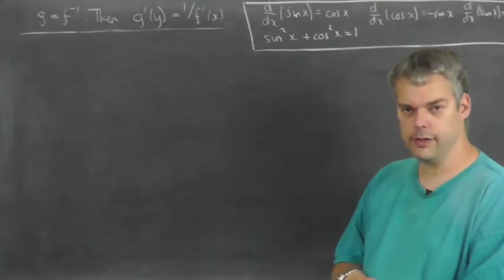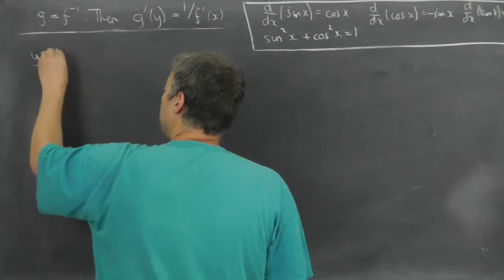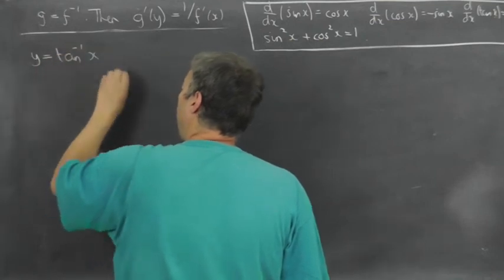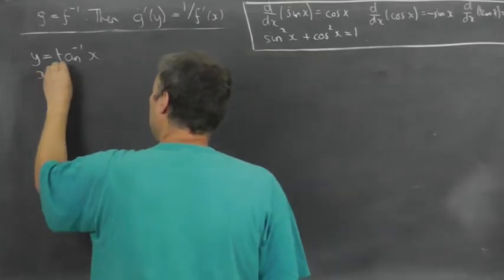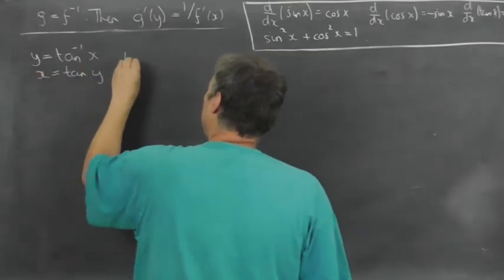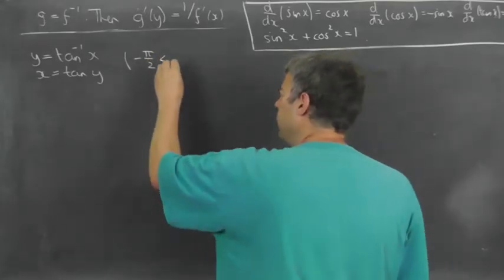And let's do the last of the inverse trig functions, y equals tan inverse of x. Of course, y equals tan inverse of x precisely when x is tan y, and of course we again have y lying between minus pi over 2 and plus pi over 2.